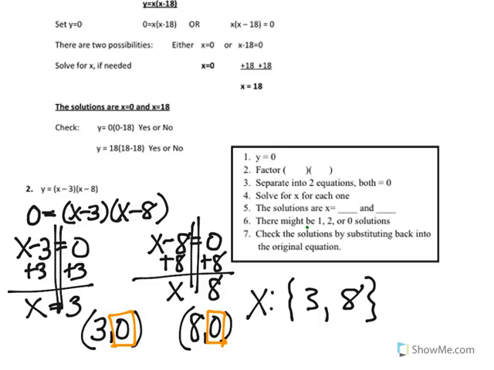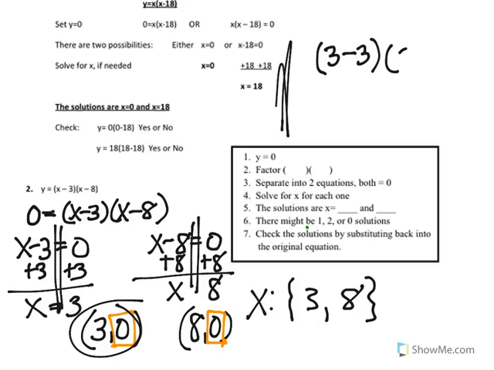Now, if we wanted to check this, I'm going to do this up here in this nice open space. Okay, so let's start with 3 being the solution. So if I put 3 in for x, I get 3 minus 3 times 3 minus 8. And what is 3 minus 3? 3 minus 3 is 0, and 3 minus 8 is negative 5, and 0 times negative 5 is 0.